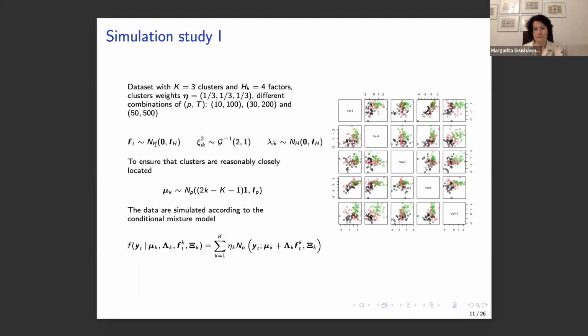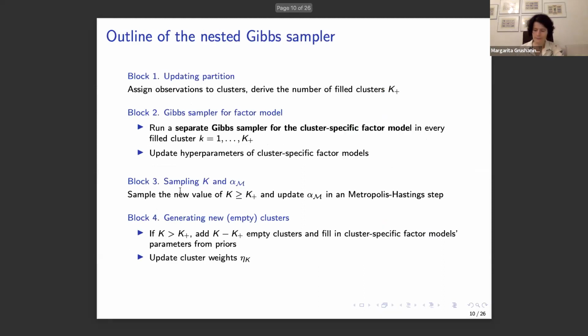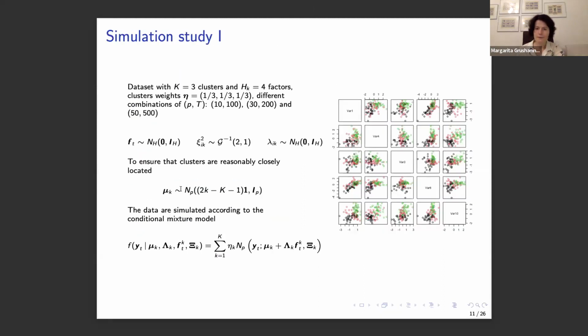There's a standard normal prior with isotropic variances for the factors, an inverse gamma prior for the variances in the factor models, and also just a normal prior for the elements of the factor loading matrix. And then we mixed the means a little bit, so that the clusters are not very well separated. Here there are just 5 randomly chosen variables, and we can see that the classes are quite mixed.